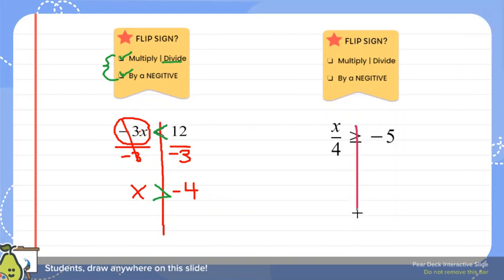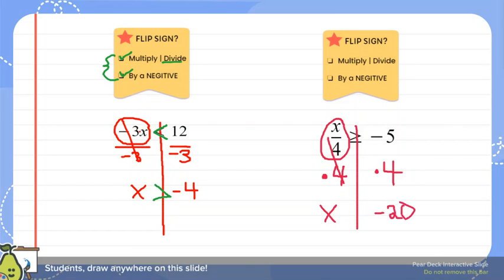Draw my line. This is division. X is being divided by 4, so to cancel that out, we're going to multiply by 4. Multiply by whatever number we're trying to cancel out. That goes away as the inverse, and I have x and negative 20.